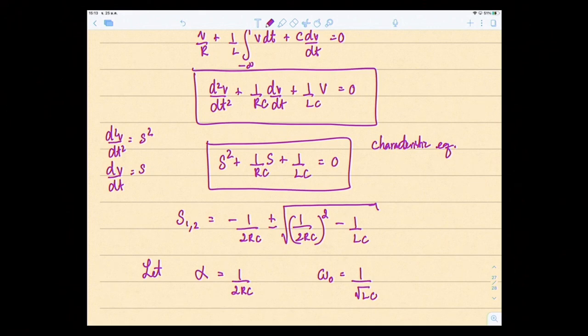where alpha has the unit Neper per second, and omega naught has the unit radian per second and is called the resonant frequency.